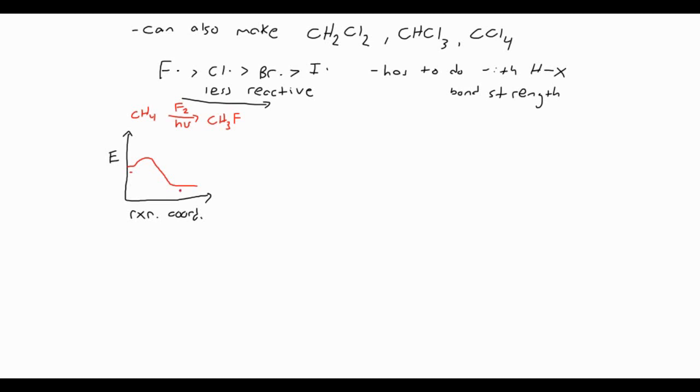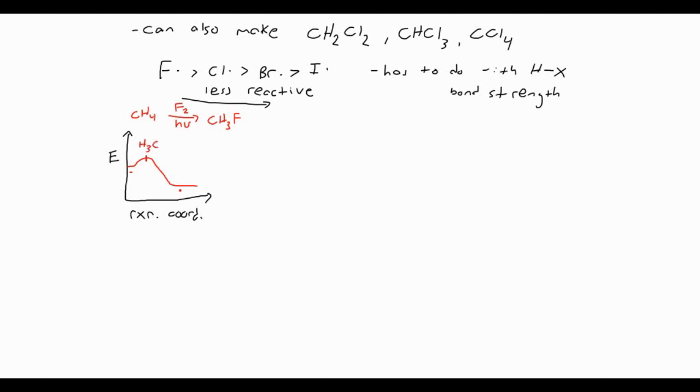And this hump is, remember, going to be our transition state. And the transition state, like I've talked about before, is going to be some ill-defined species with partially formed or partially broken bonds. For this reaction, it's going to maybe look a little like this.